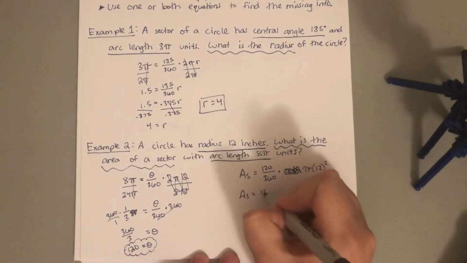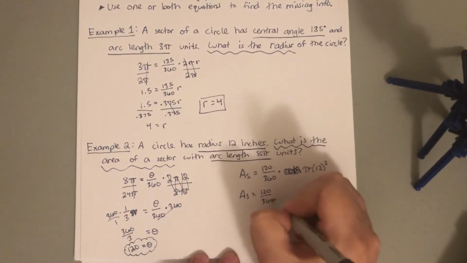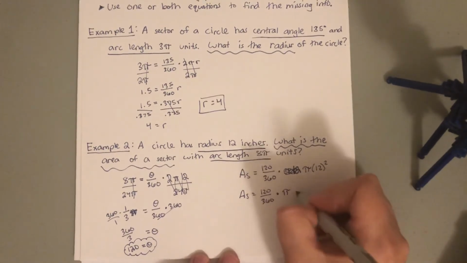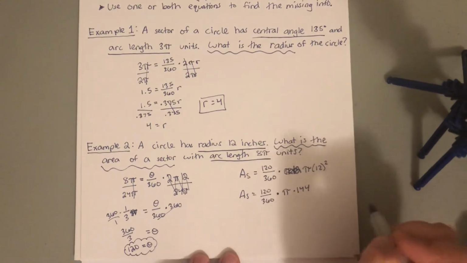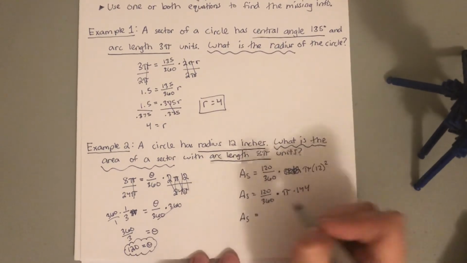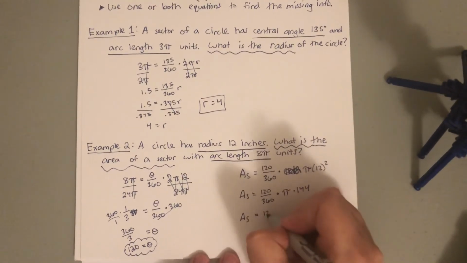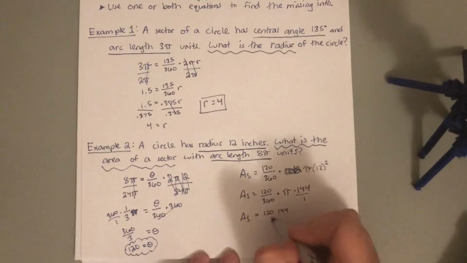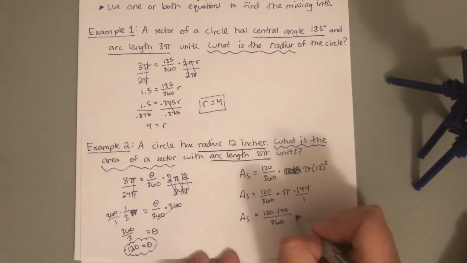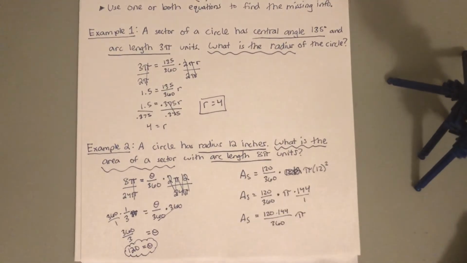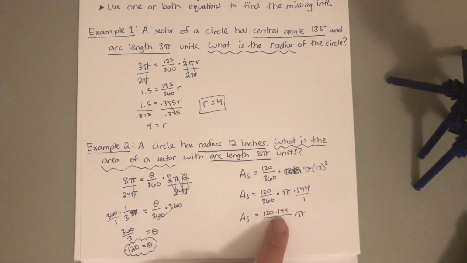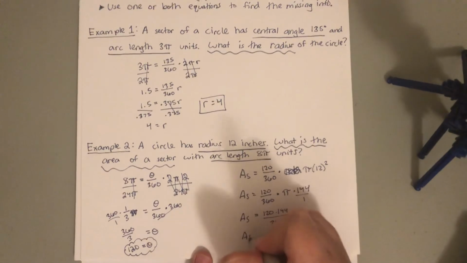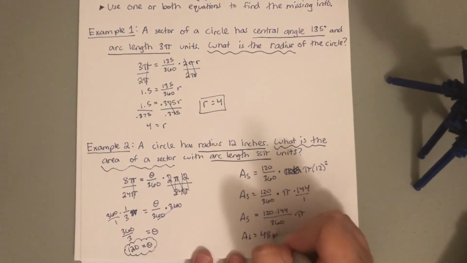We have 120 over 360 times pi 12 squared, which is 144. I'm going to say 120 times 144, because that's also like on the top of a fraction, over 360 times pi. When I do 120 times 144 and then divide it by 360, I get that the area of the sector equals 48 pi.